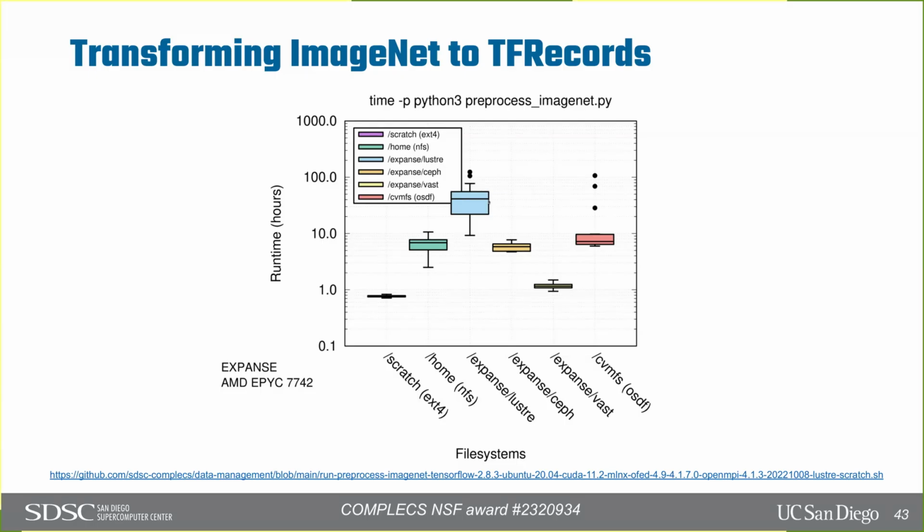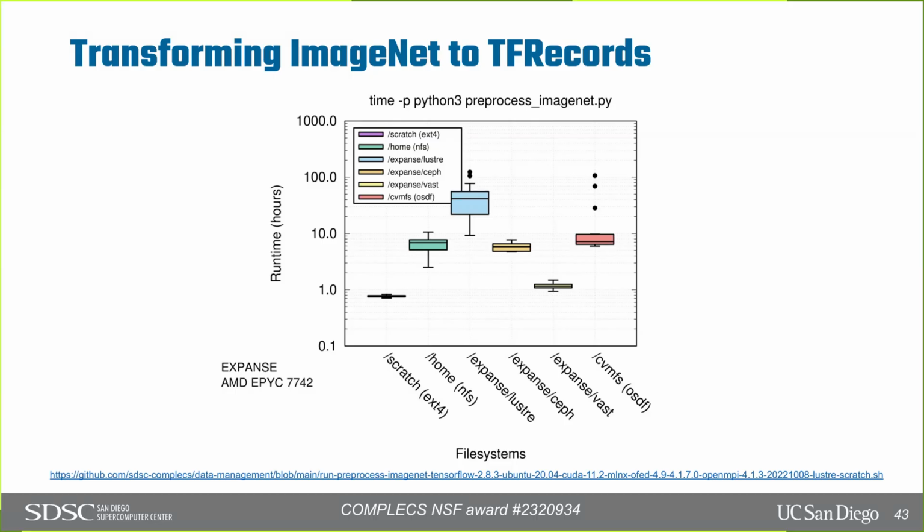Go to Lustre, and some of those outliers are going over 100 hours, right? So you can see that the metadata overhead, the network overhead, and the complication overhead of how the storage systems and file systems actually work vastly changes the performance that you can see on any of the workloads that you might be running on the system.